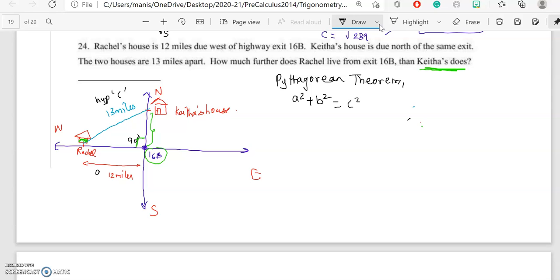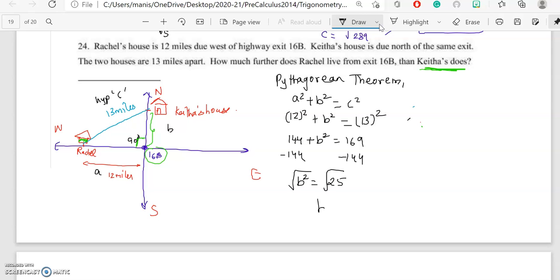I am assuming this as A and I am taking this as B. So A is my 12 square plus B square is equal to 13 square. This is your 144 plus B square is equal to 169. I will subtract 144 from both the sides, which will give me B square is equal to 25, and I will take the radical on both the sides, and B will be equal to 5 miles.